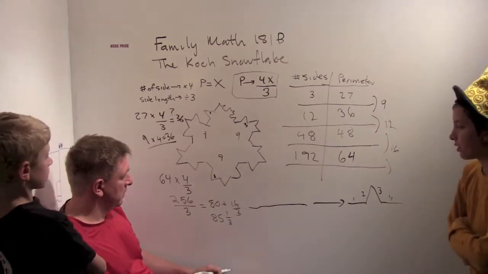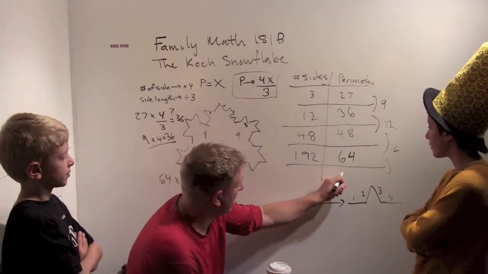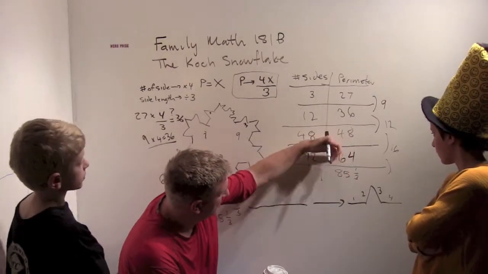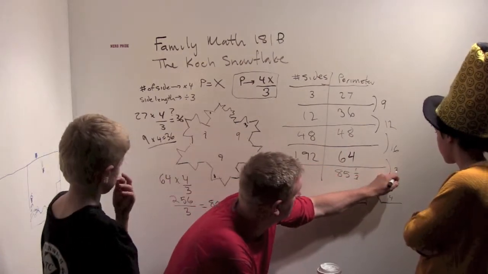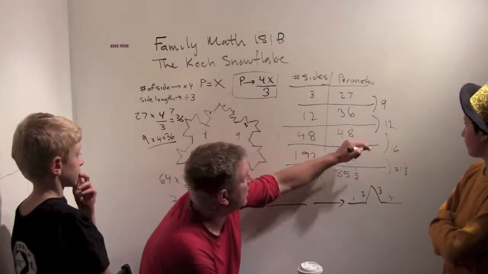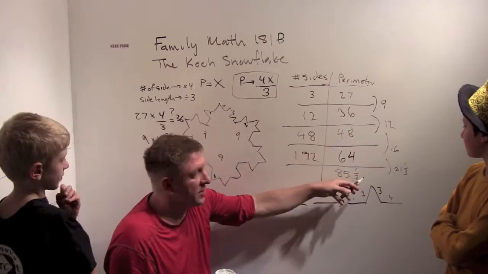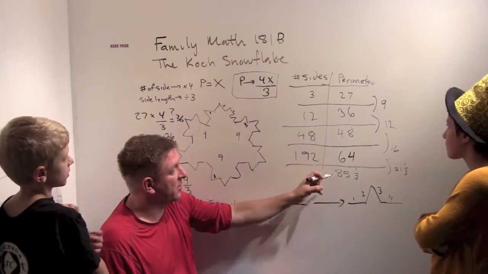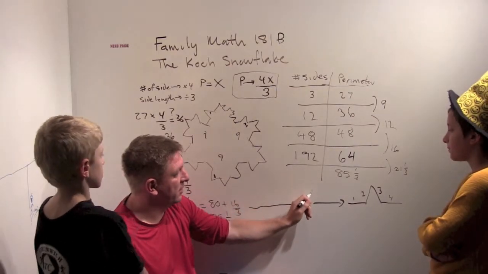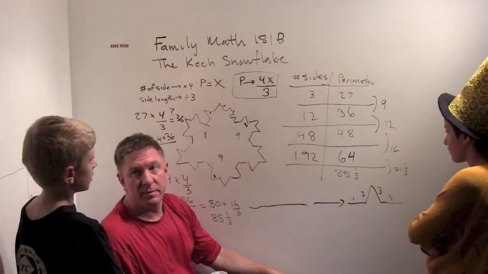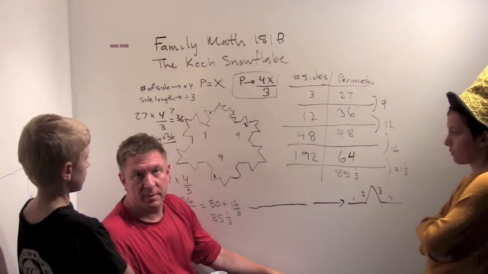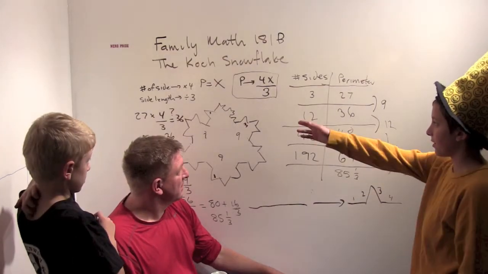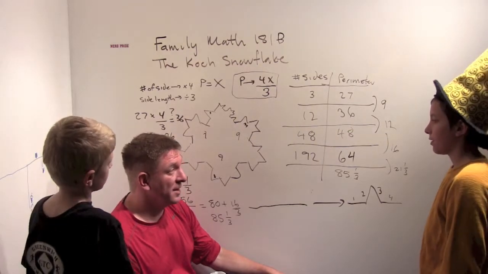So 85 1/3 looks like 21 1/3 bigger. So not only is the perimeter getting bigger every time, it's getting bigger by bigger numbers. So if we keep doing this forever, what's going to happen to the perimeter? It's going to get infinite. The perimeter is going to get infinite, but it is going to have a finite area.